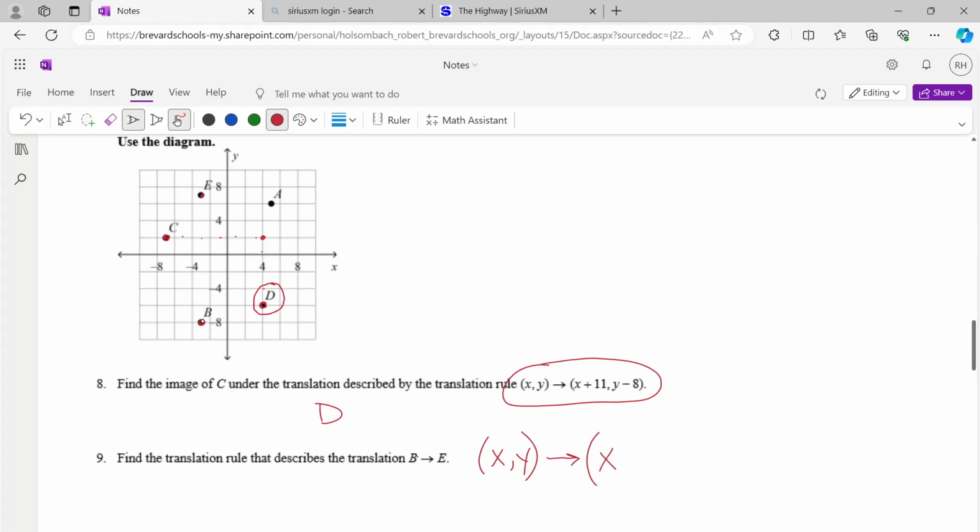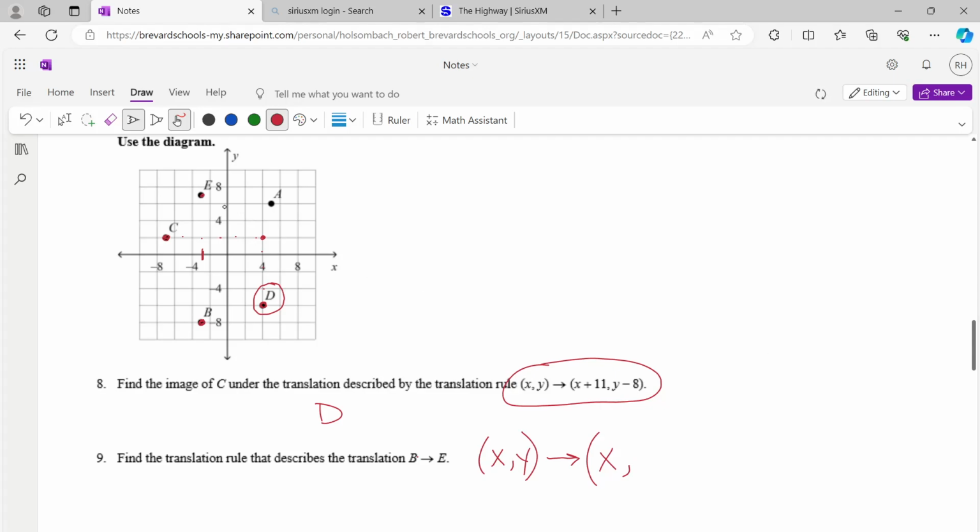Well, look what happened in this picture. All they did from B to E is they went straight vertical. So the x value stayed the same. This x value stayed the same. So after the move, our x stays the same. We didn't do anything to it.